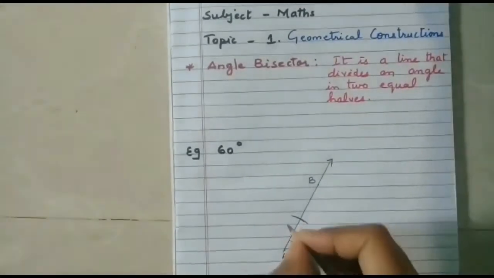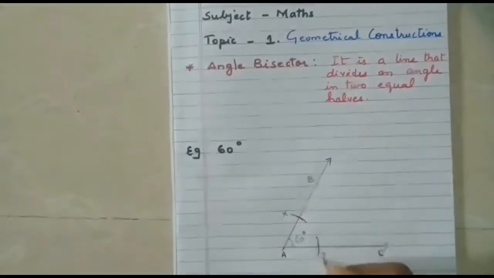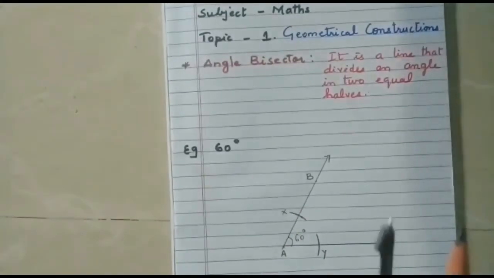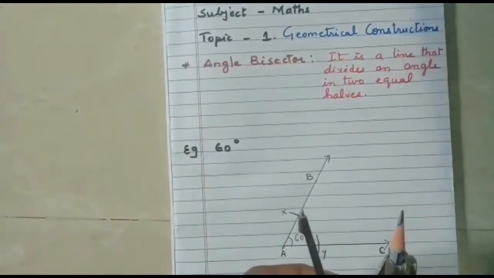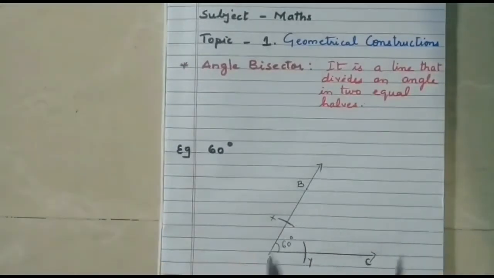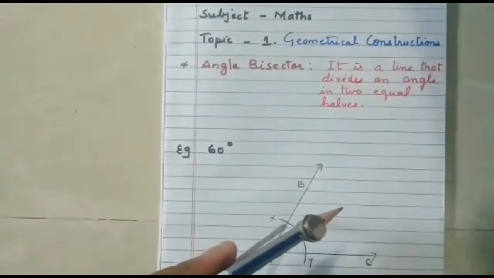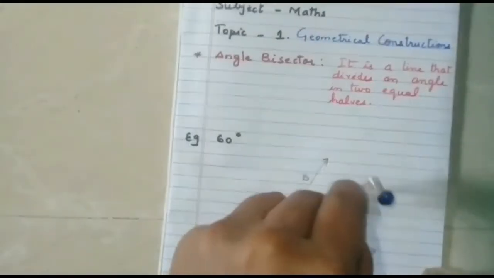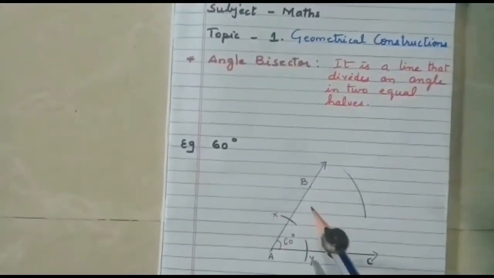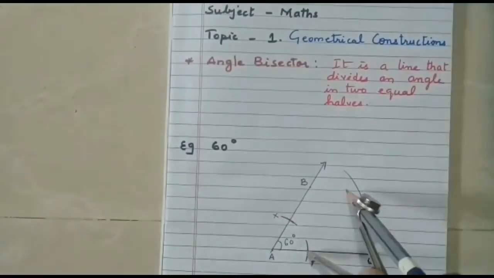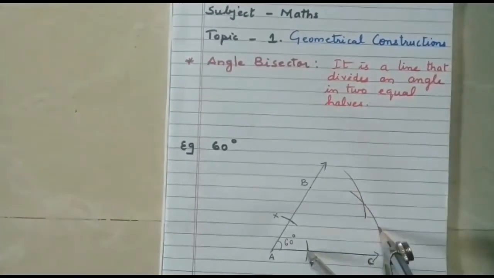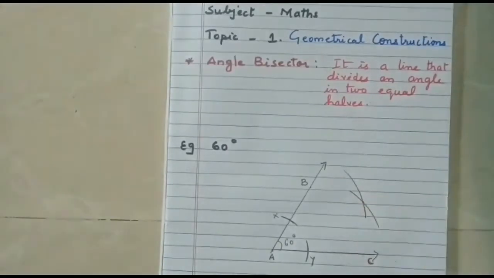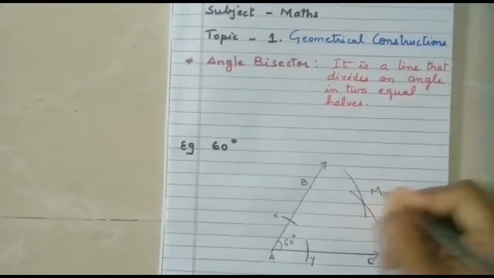Now name these two points X and Y. Now again extend the compass and keep the pointer at point X and draw an arc here, and repeat the same thing with Y also. Keep the pointer at Y and draw an arc. Now you will get a point of intersection of both the arcs. Name it as M.